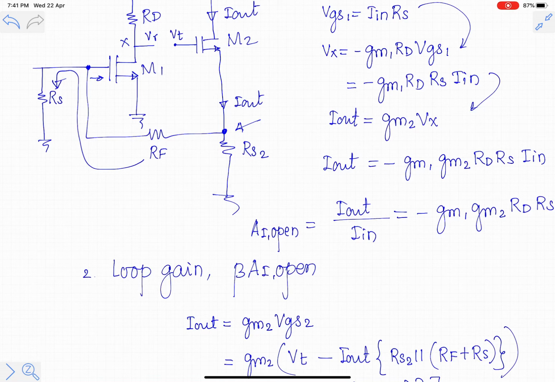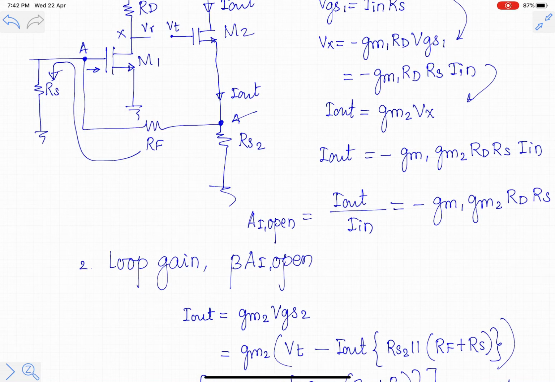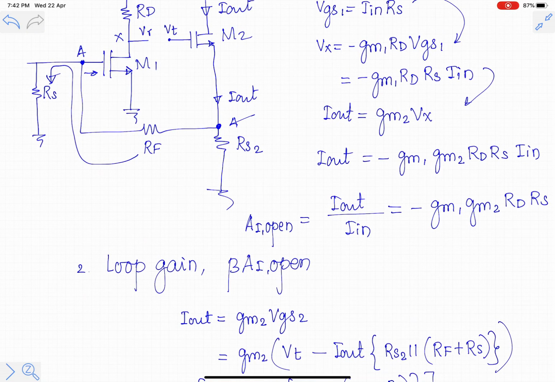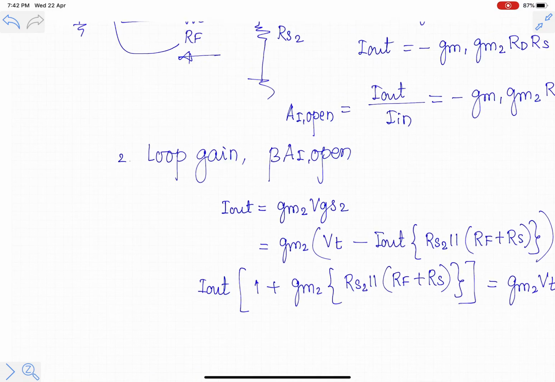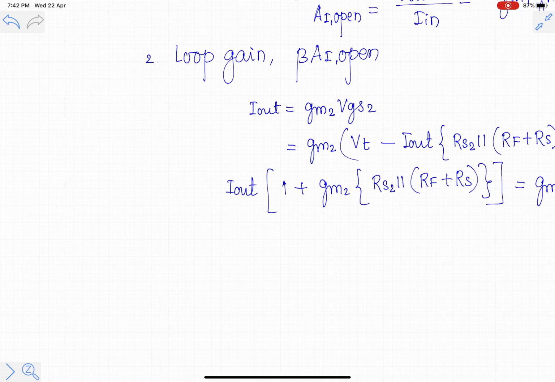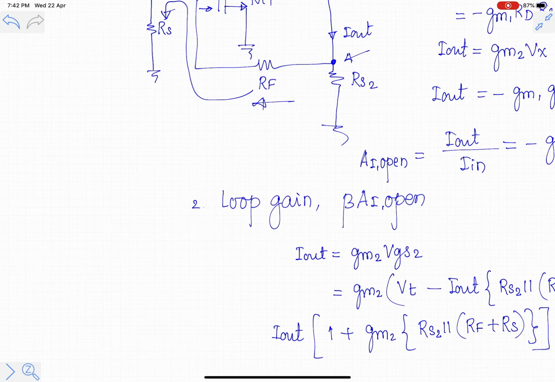The voltage at point A, VA, we have already calculated, right? So what we have to find out is this current. I will call it IRF.